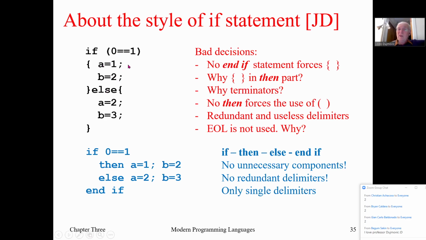And instead you can have only one statement, A is 1. So this decision not to use then had the consequence that you must put parentheses. So here is if, necessary, unnecessary parentheses, 0 equals 1. And then you have here no then, and then you have to have these 2 braces and else.